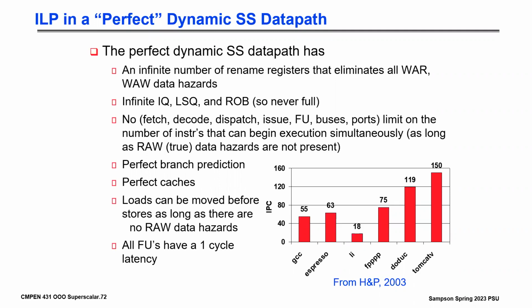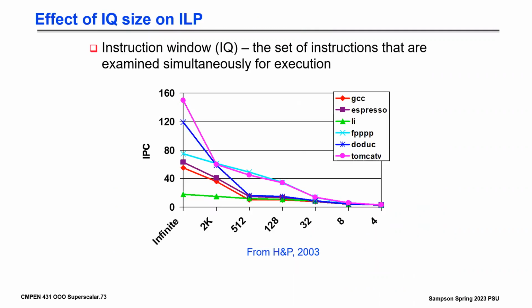Perfect branch prediction, perfect caches, loads that can be moved before stores as long as there were in fact no actual RAW data hazards, so perfect load speculation, and a 1-cycle functional unit latency. Right? So if you make some of these constraints a little more real, you don't get that, right? You get numbers like this.